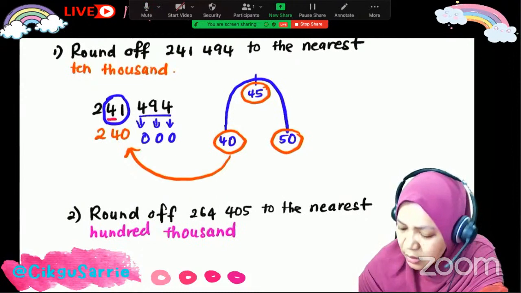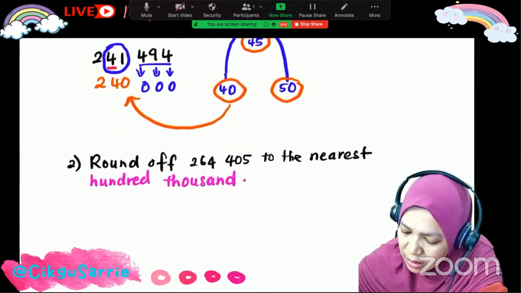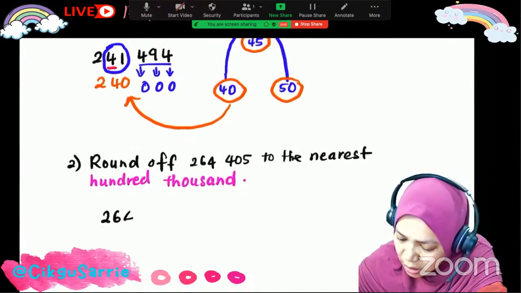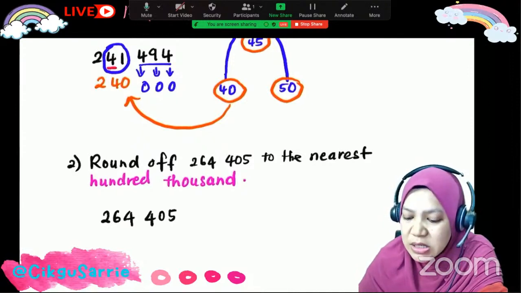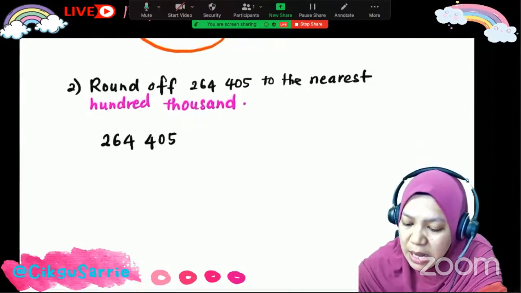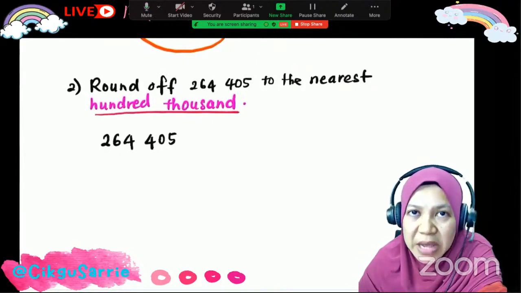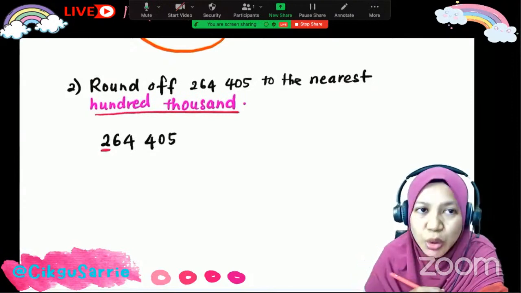Okay. So the first step, I just rewrite the number 264,405. The second step, I underline the digit on the 100,000 place. The 100,000 place will be digit 2.